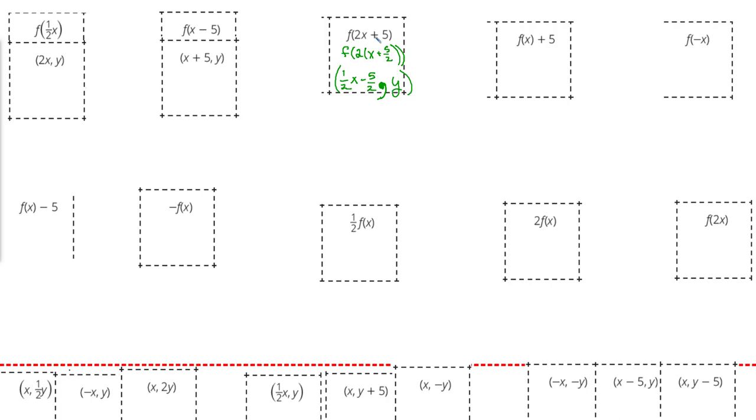So again, when it's in the parentheses, it's just changing the X. When it's outside the parentheses, it's changing the Y. So on the next one, we have the plus 5 at the end. Is that going to affect the X's or the Y's if it's outside?